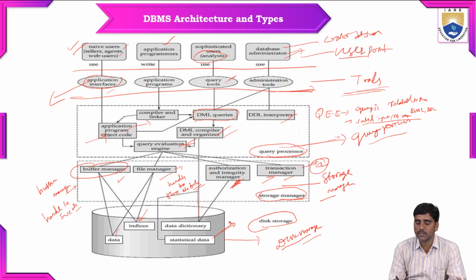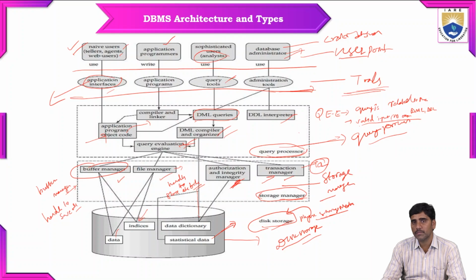To store all this data, we have a certain physical storage media. That physical storage media is called what? Disk storage. Because all these components are present and play a major role in the DBMS architecture, the DBMS is a safe and secure database software.